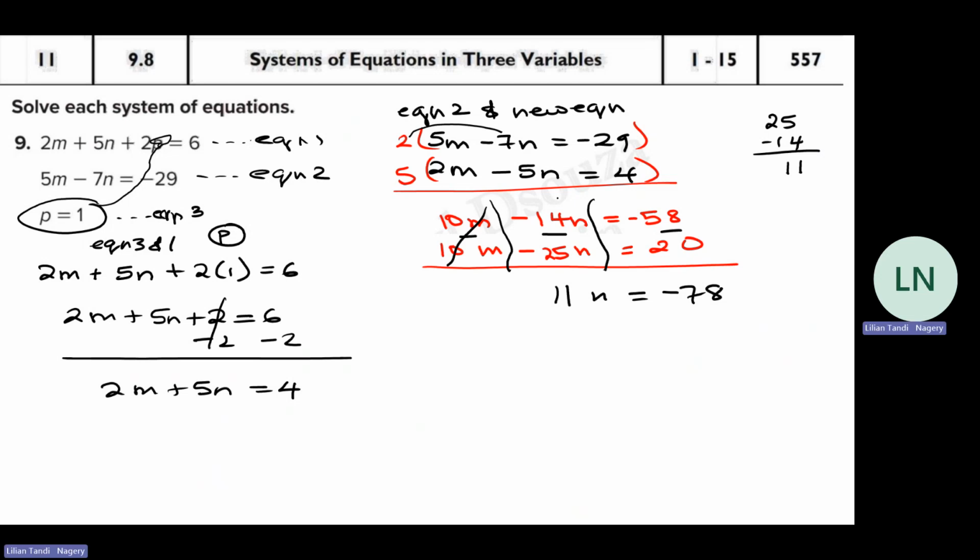Yeah, let me check again. 7n minus 29. 6 minus 2 is 4. Okay. So I brought down 5 and I brought down 2 here. I brought up 2 here. 10m, negative 14n, negative 58.